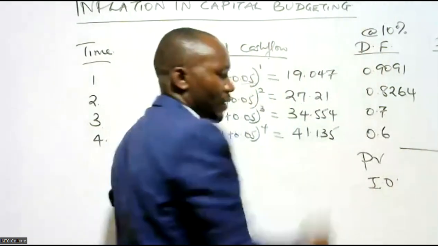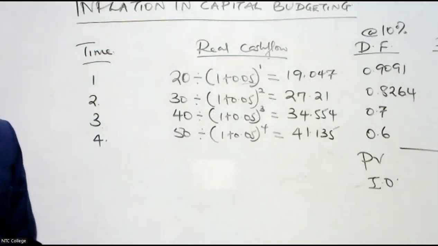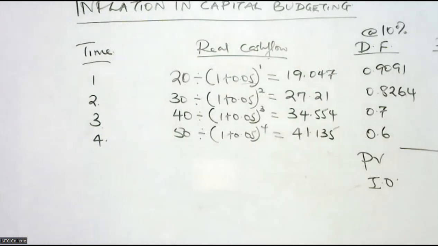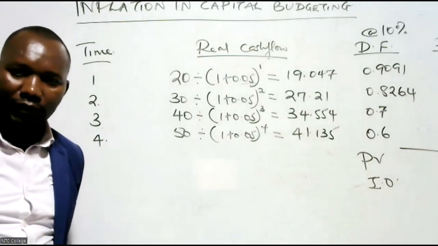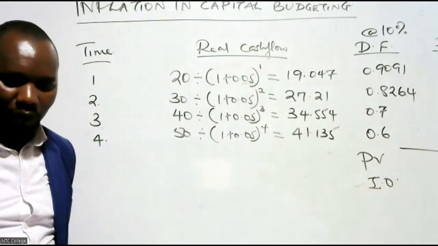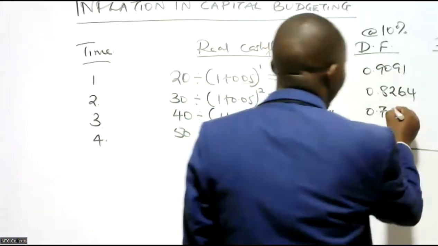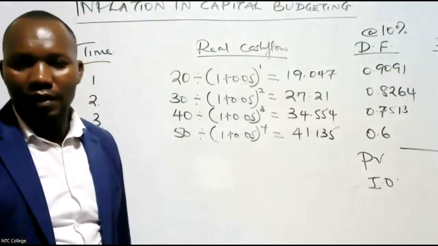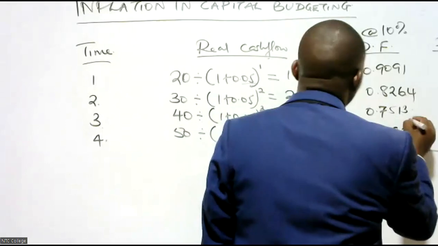Can somebody get me these figures? What are you getting? $75.13. The last one, 16.30.